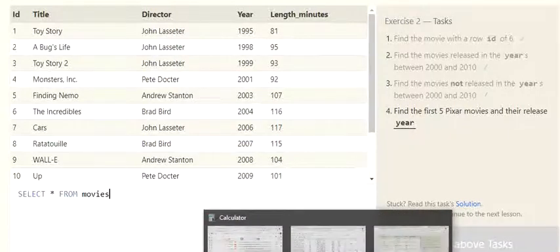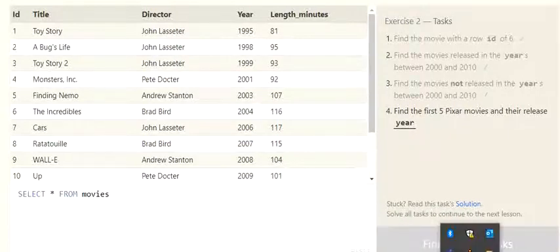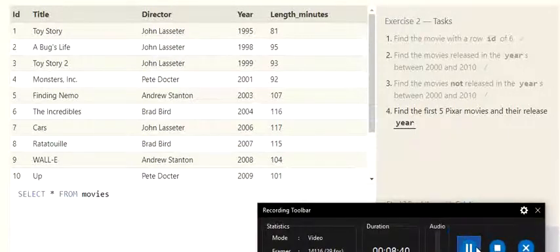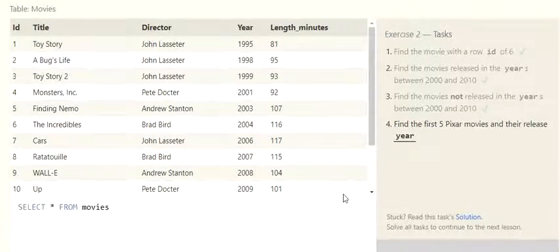Not able to look into it, what is Pixar movies. So it means that this whole database is of Pixar movies only, and we are taking from it.